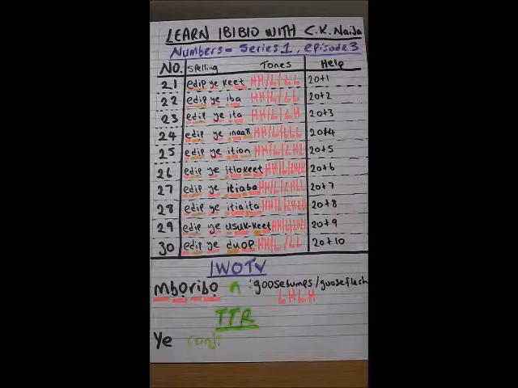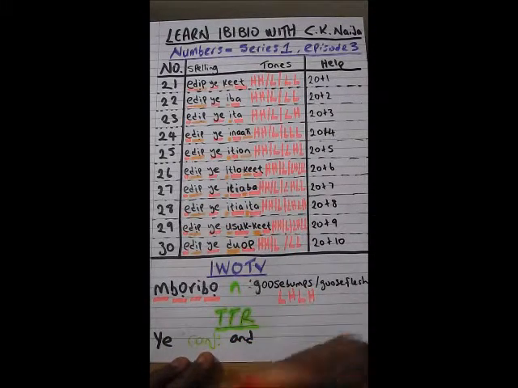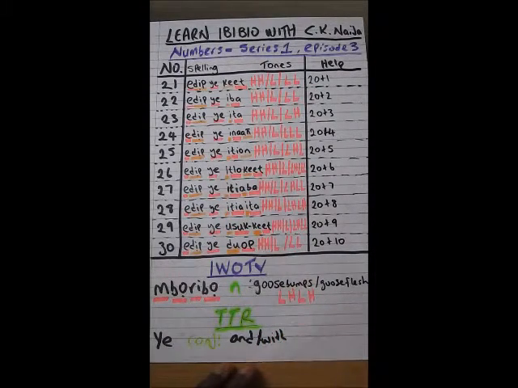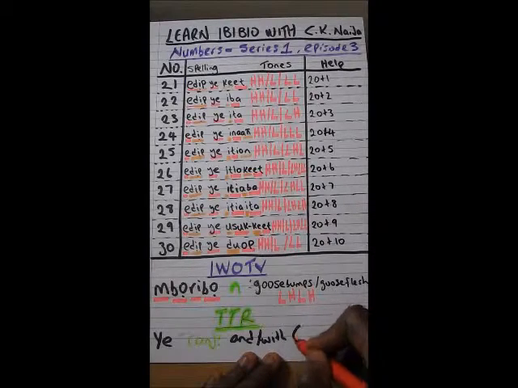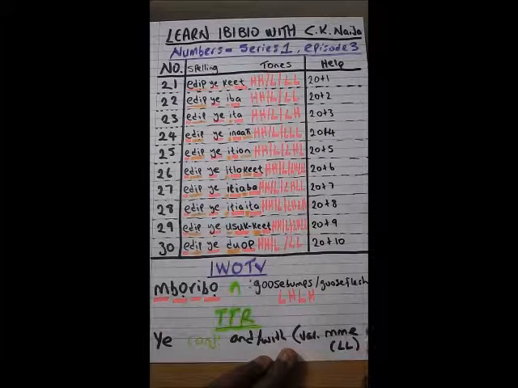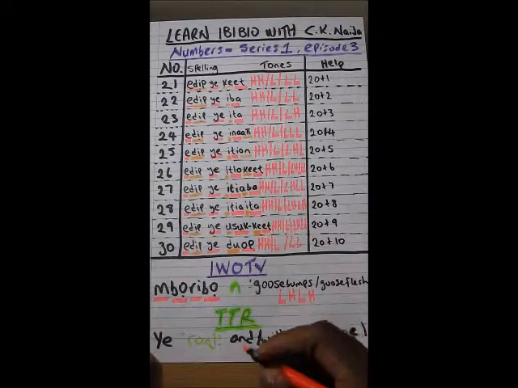It has one low tone, and it means and, or you can mean with. There are different variations of the word. People often use the word ye, or you can use the word me, which has 2 low tones, and the word ye has 1 low tone.